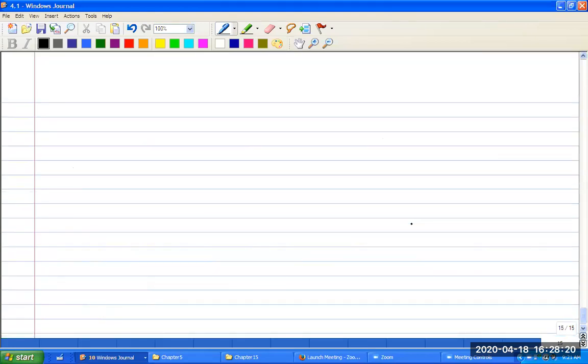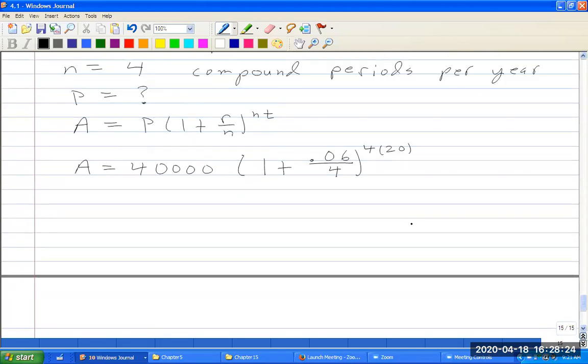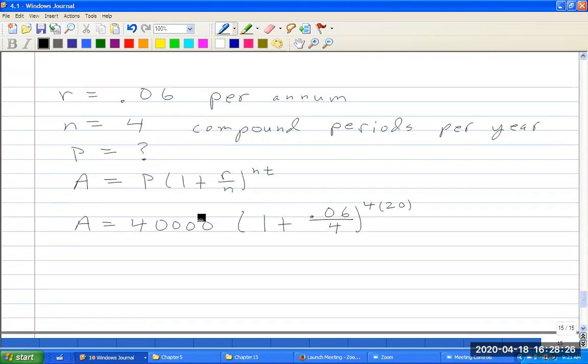Okay, so let's simplify this. Oh, I put that in the wrong place, didn't I? That's an error, I'm sorry. We want the amount that you have at the end of 20 years to be 40,000.